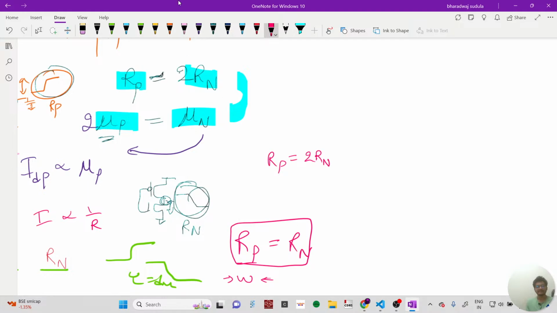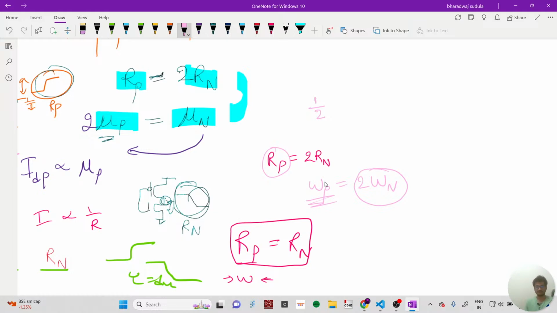So why don't we just double the size of the PMOS so that its resistance decreases by a factor of 2? So I'll increase the width of the PMOS: Wp will be twice Wn.